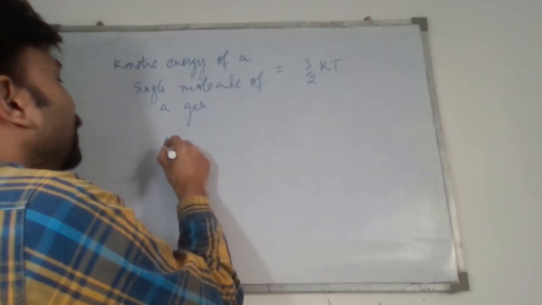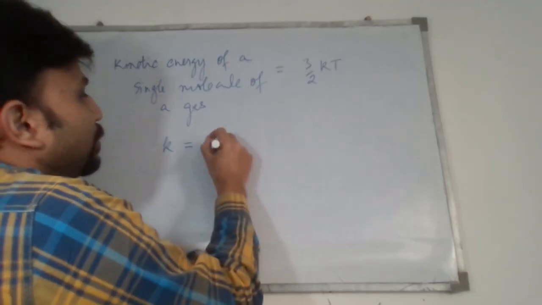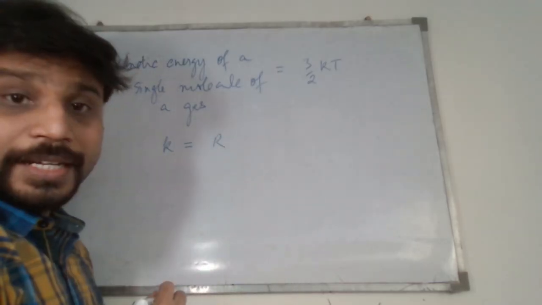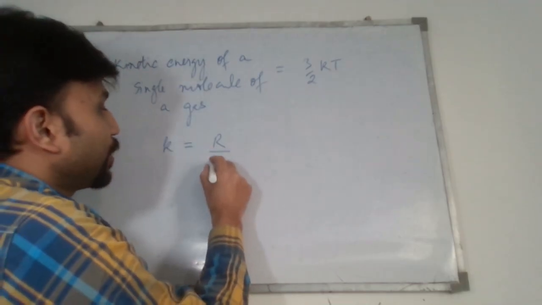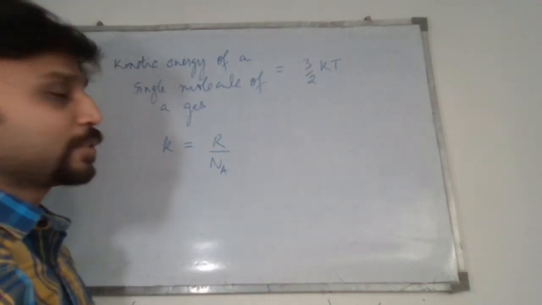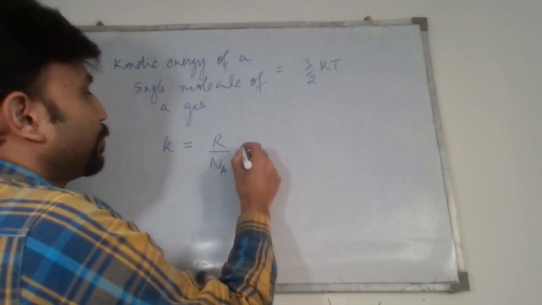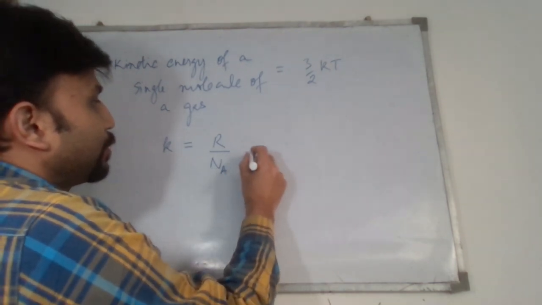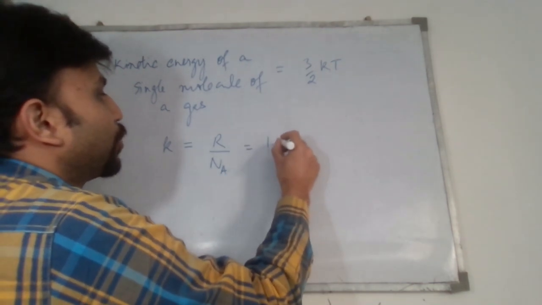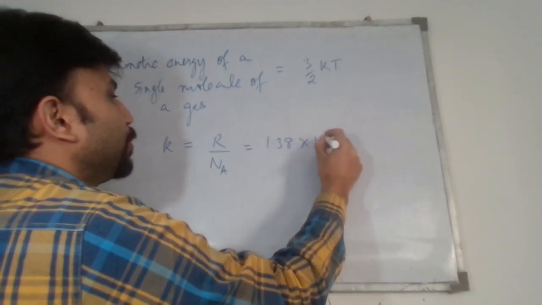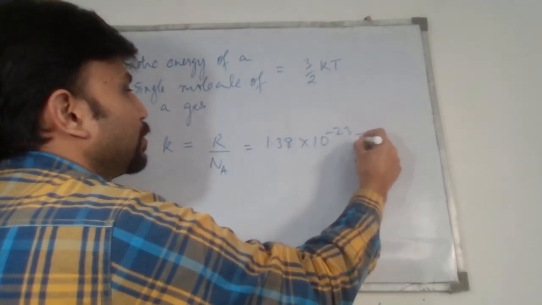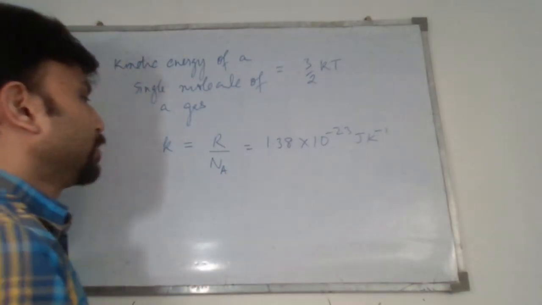This value k is the universal gas constant R divided by Avogadro's number, N_A. Its value is 1.38 into 10 to the power minus 23 joule per Kelvin.